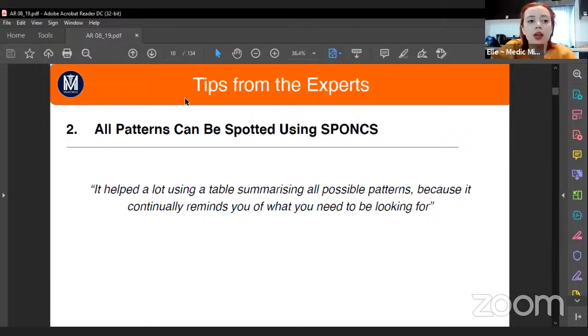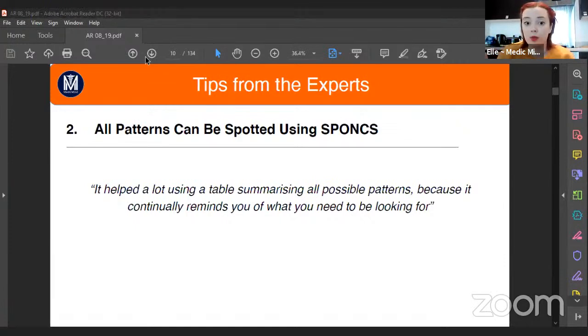Okay, so you will improve your speed if you're actually summarizing the possible patterns and getting used to what those are. So when you're doing your practice, there is a certain acronym called SPONKS, and SPONKS is something we're going to use throughout this session today. Each letter of SPONKS stands for a type of pattern you might see. So some of you might use other acronyms.